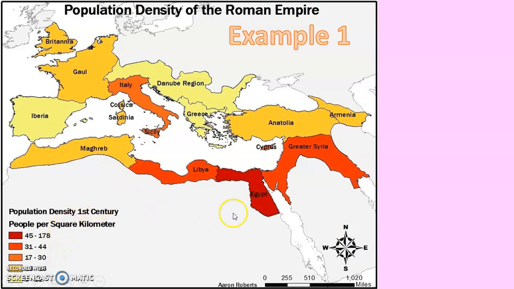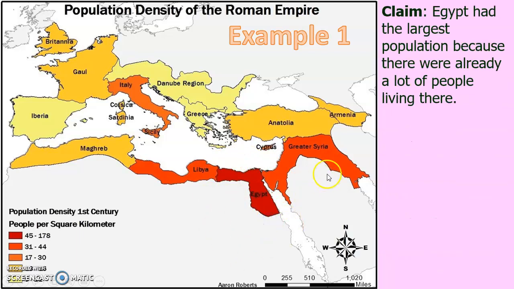So my claim is going to be about Egypt. And I'm going to claim that Egypt had the largest population because there were already a lot of people living there. I know that the Roman Empire happened after the Egyptian Empire, and there were already a lot of people living in Egypt. So that's my claim.